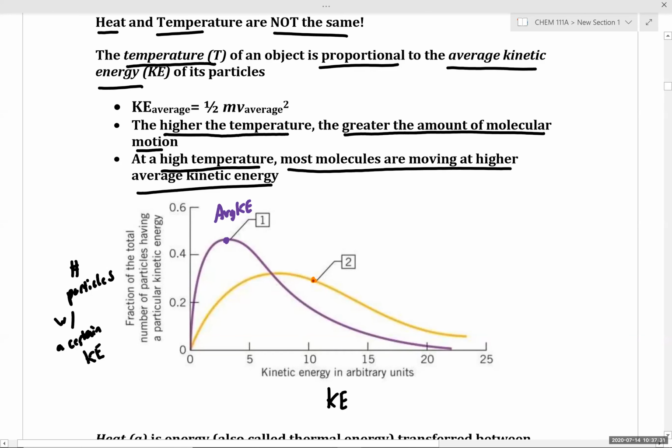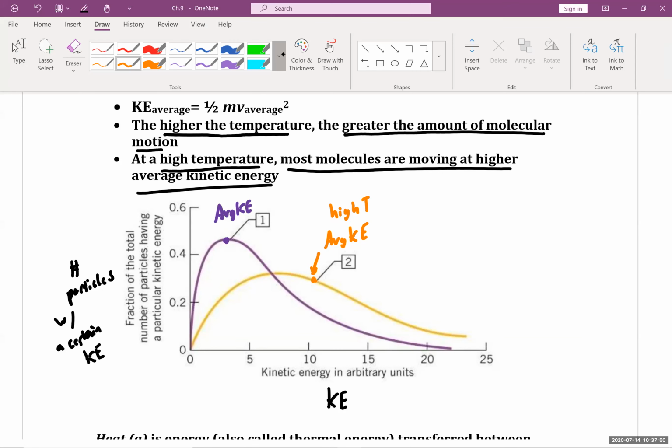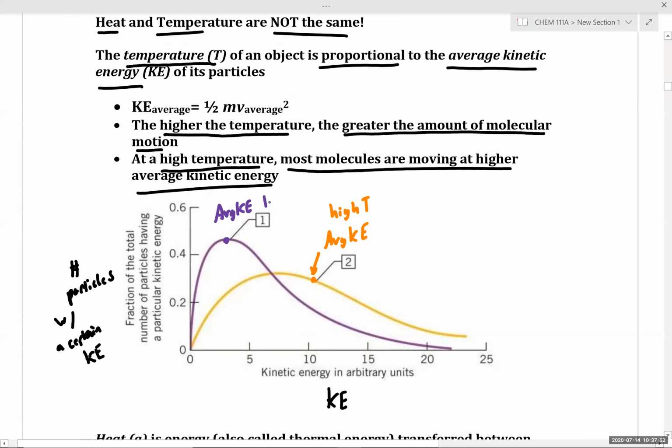This one's a little tricky, but we'll just arbitrarily write that here. So we have our average kinetic energy. As we see, for our high temperature sample, our particles on average have a higher kinetic energy compared to our low temperature sample.